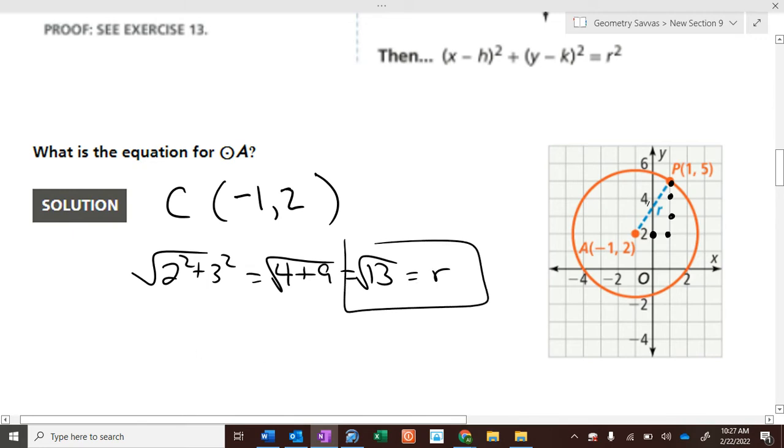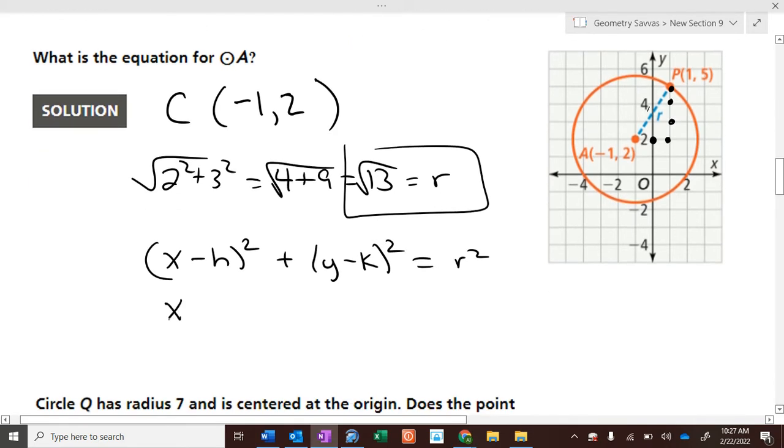So we're going to put this into the circle formula. The circle formula is x minus h quantity squared plus y minus k quantity squared equals r squared. So it's x minus a negative 1. What's minus a negative? Plus a positive. So it's x plus 1 squared plus y minus, what's the y value of the center? 2 squared equals the radius squared.